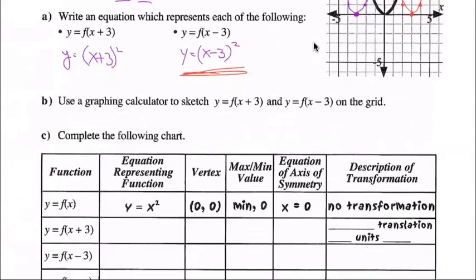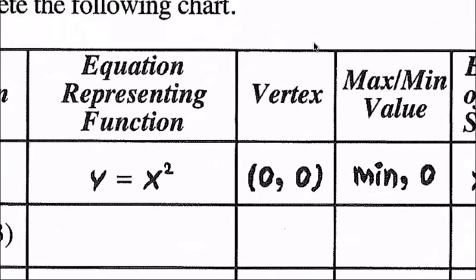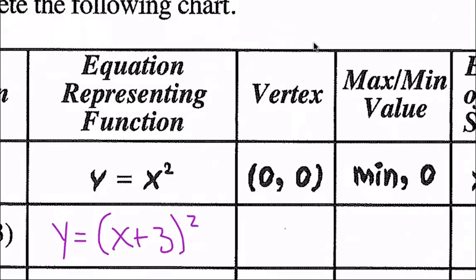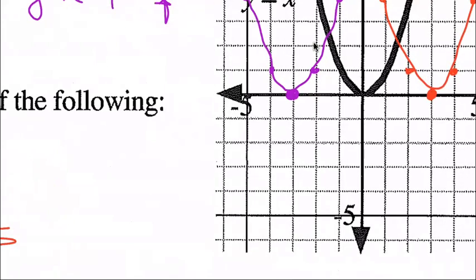So we have the same first line, y equals x squared, vertex (0, 0), minimum, equation of symmetry, no transformation. But f of x plus 3, that's our purple line, which was y equals (x plus 3) squared. What happened to our vertex? What's the vertex of our purple line?